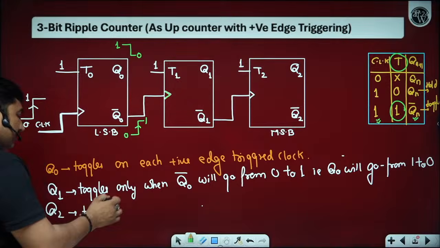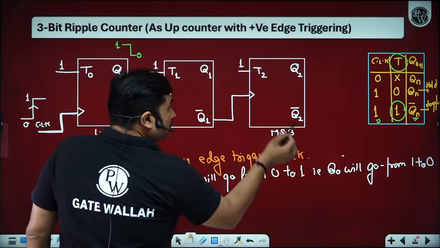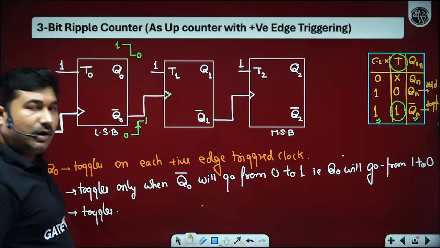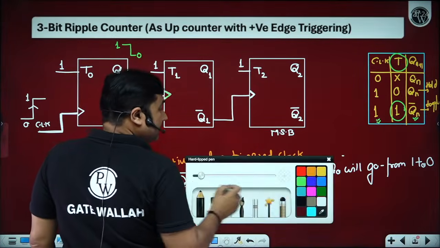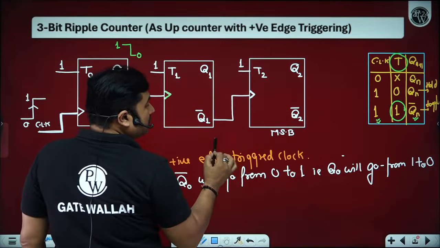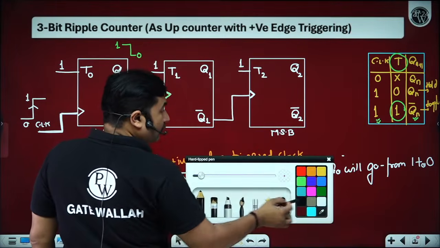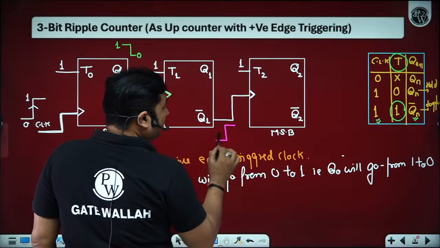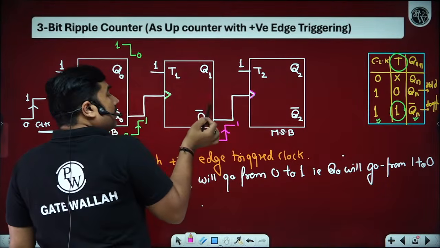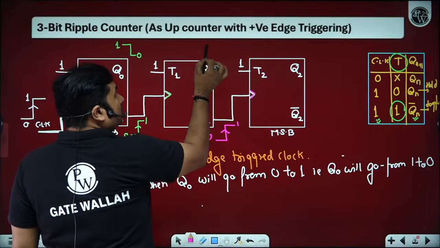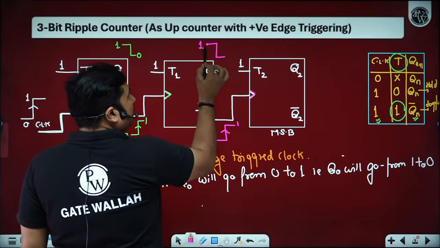Now if you observe Q2, the clock to Q2 is Q1 complement, which indicates a symbol of positive edge triggered. So Q2 toggles only when Q1 bar goes from 0 to 1, because it's a positive edge triggered symbol. When Q1 bar goes from 0 to 1, Q1 goes from 1 to 0.